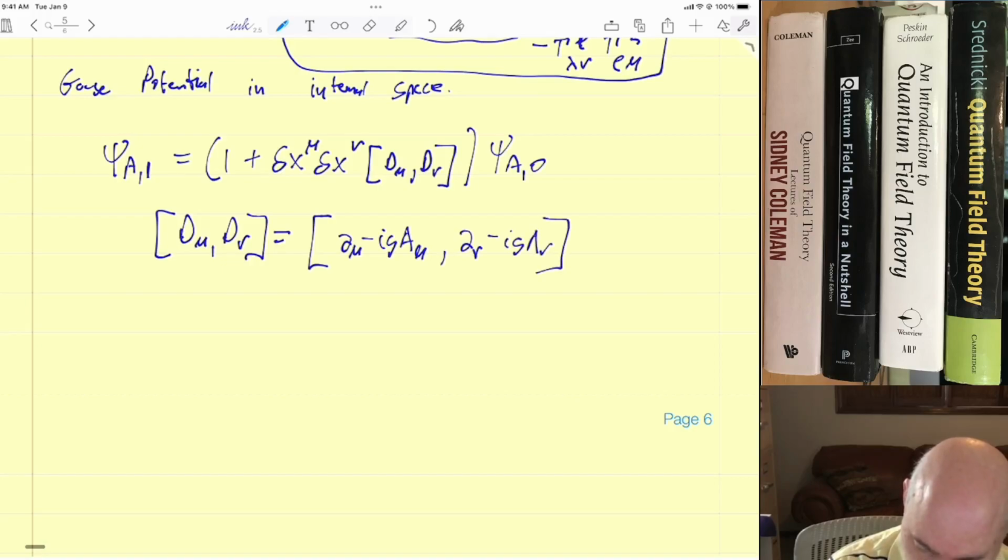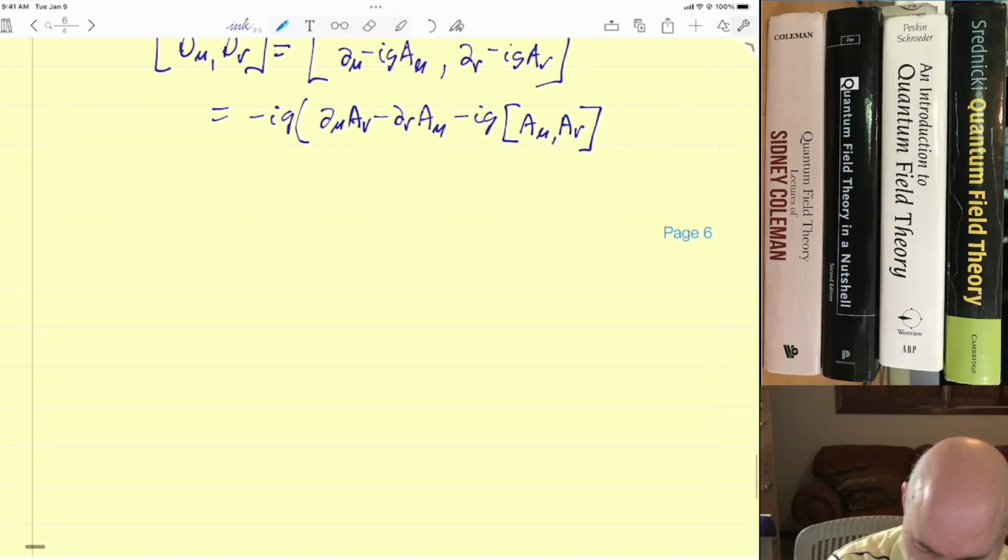Remember, these things are matrices. This is equal to minus Ig partial mu A nu minus partial nu A mu, minus Ig, the commutator A mu comma A nu.